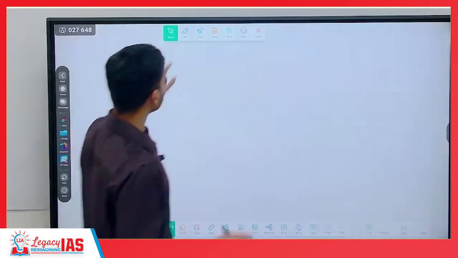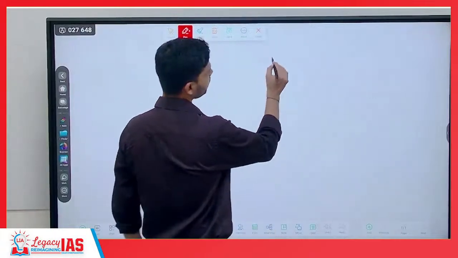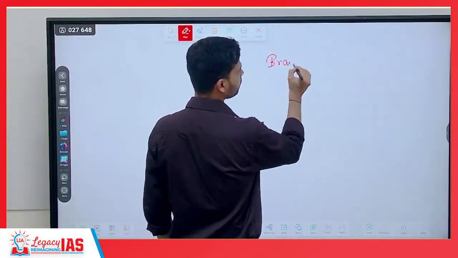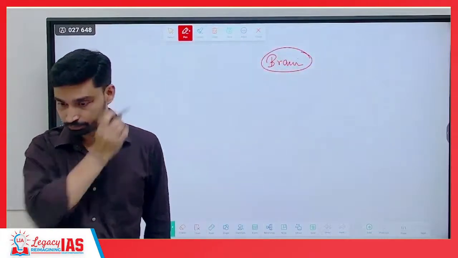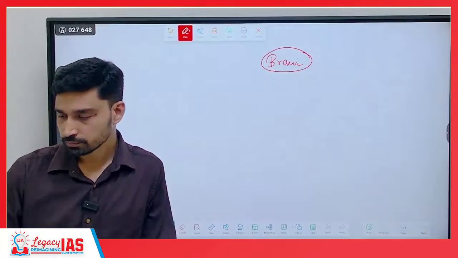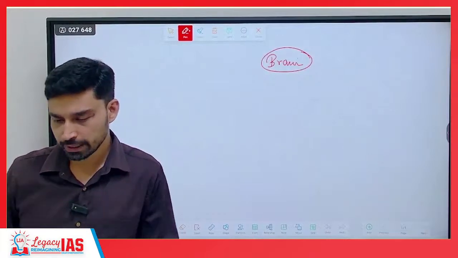Next, we can also write the difference in the brain now. Skull is the bony, skeletal part, so the difference in brain we can add. Difference in brain of man and ape.